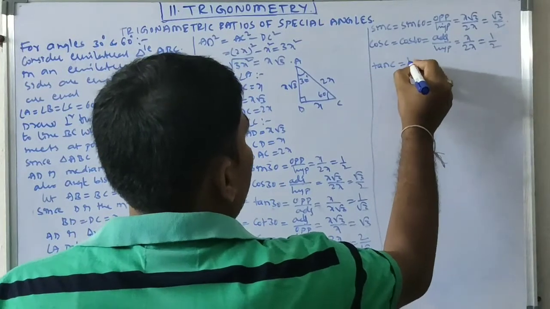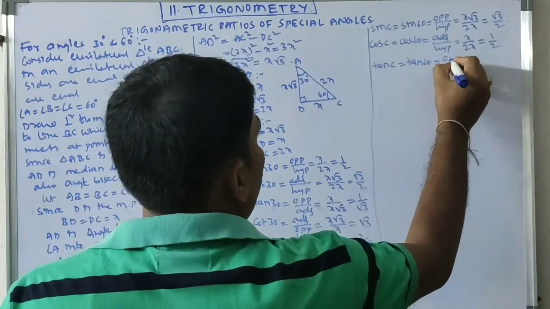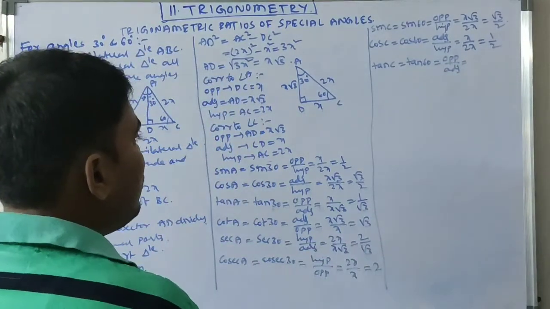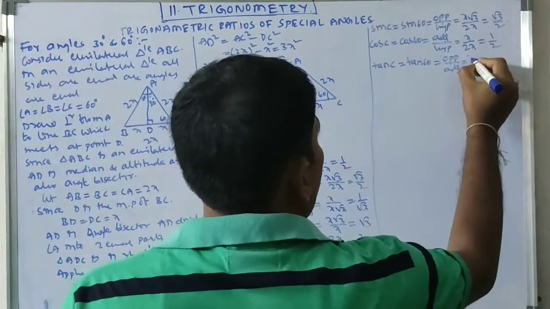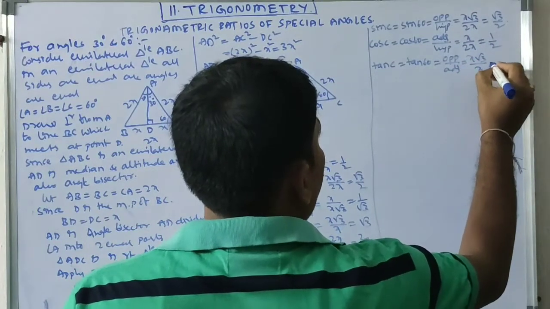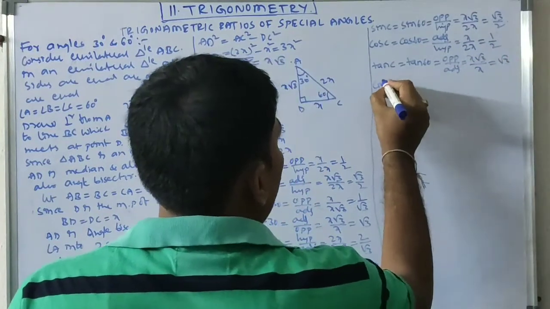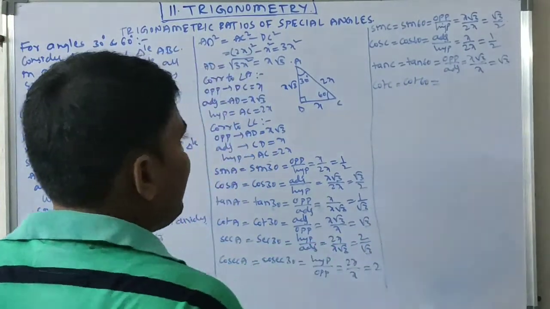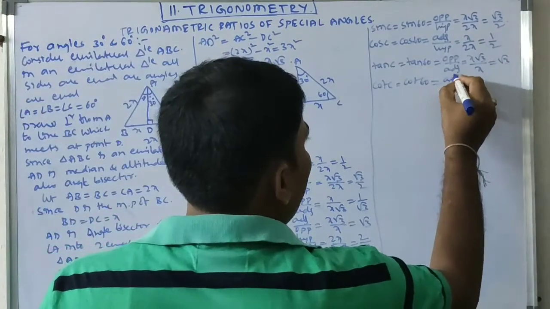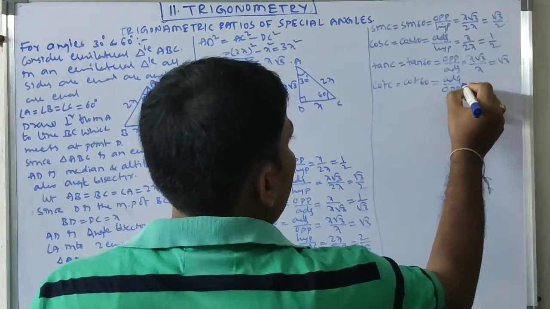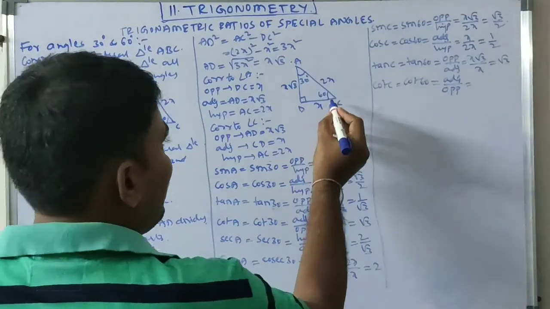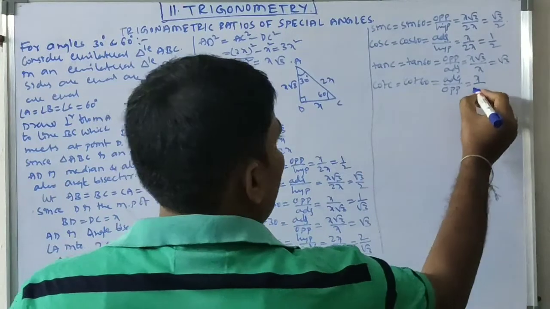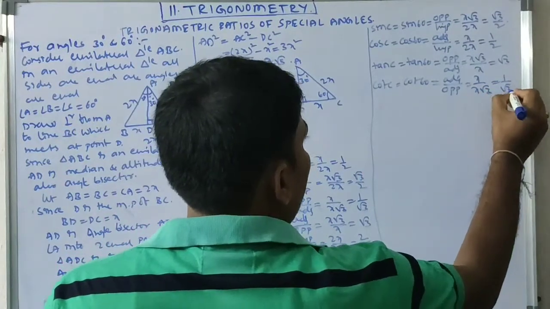Tan 60 is opposite by adjacent. Opposite is x root 3 by adjacent x, x cancels, so root 3. Cot 60, cot is adjacent by opposite. Adjacent to angle C is x, opposite is x root 3, so 1 by root 3.